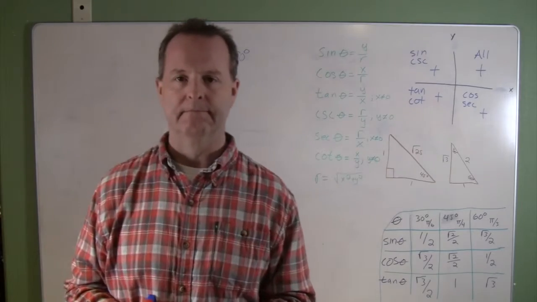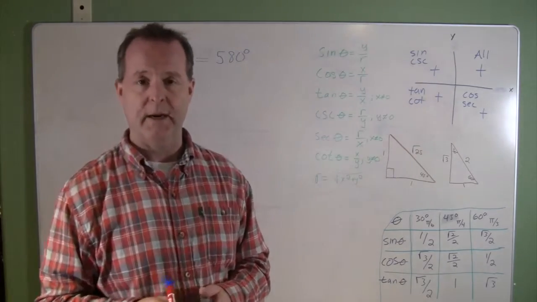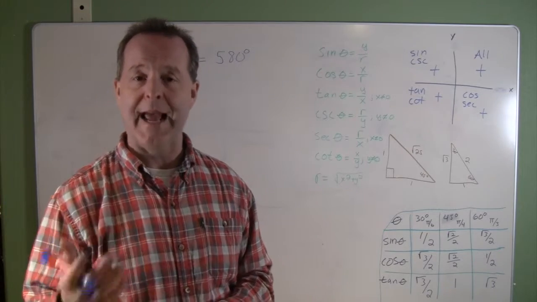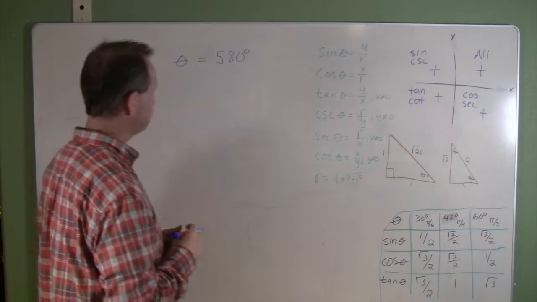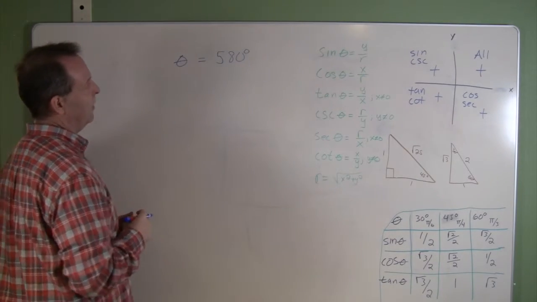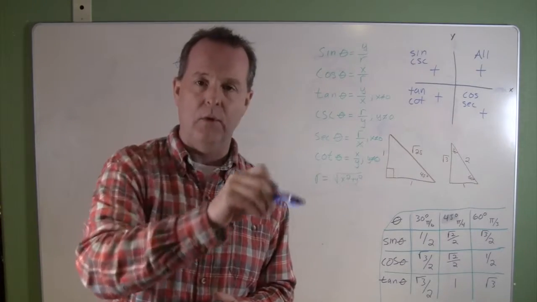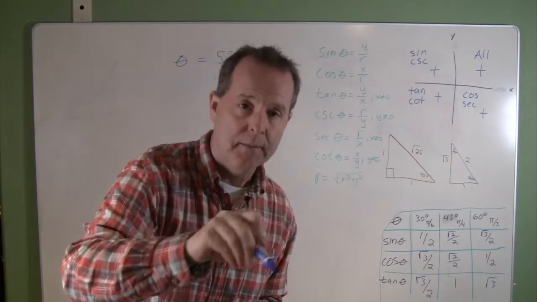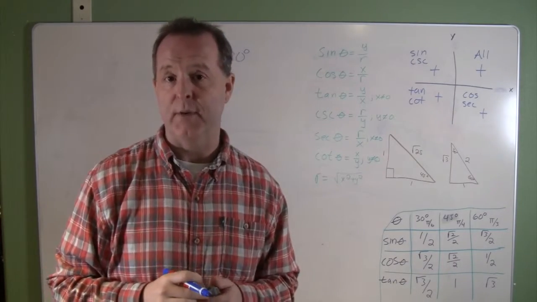580 degrees. What do we do with that? Well, we've got to brush back to a couple of the pages in the textbook a little bit. Remember last section, we talked about coterminal angles. One thing that we're going to do is realize that 580 is a whole rotation around the circle plus some. So let's remove at least one rotation if we need to.